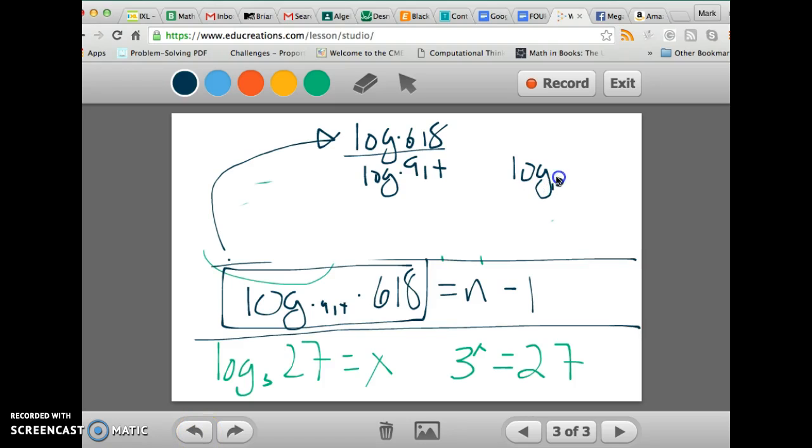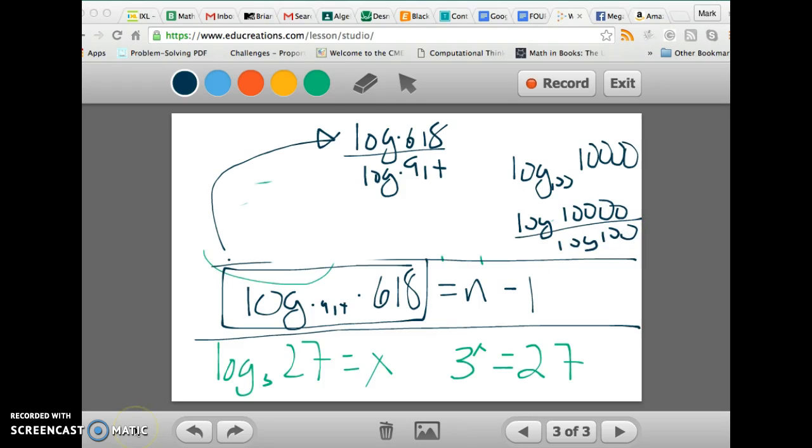Log base 100 of 10,000 equals 2, right? Is that equal to log 10,000, which is 4, over log 100, which is 2? So what I've confirmed is that with the change of base formula, to solve this, I put the log of this number divided by the log of whatever the base is. So this little number, the subscript, goes in the denominator.